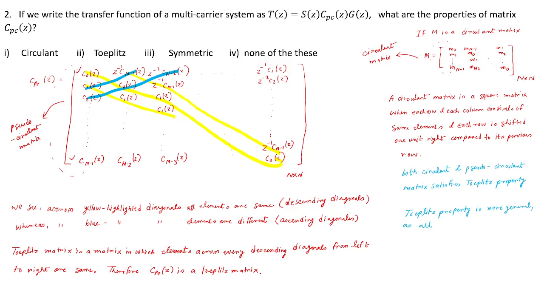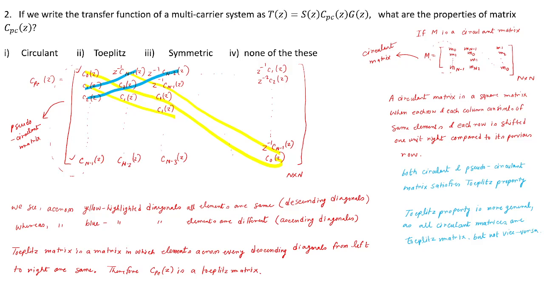As all circulant matrices are Toeplitz matrices, but not vice versa.